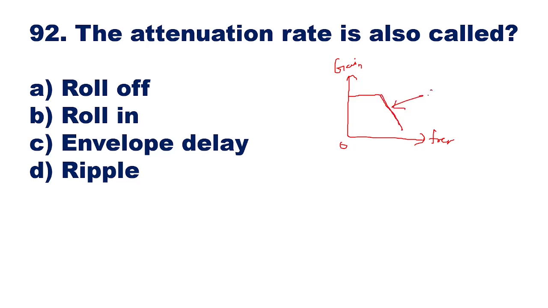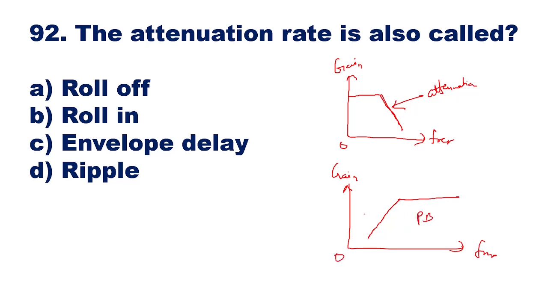Or if you see a high pass filter, it will have the same thing but on the opposite side, that is gain here and frequency here. Here you can see attenuation will be like this, and then you're going to have this. So this is pass band and this is stop band. So here in low pass filter, this is pass band and this is stop band.